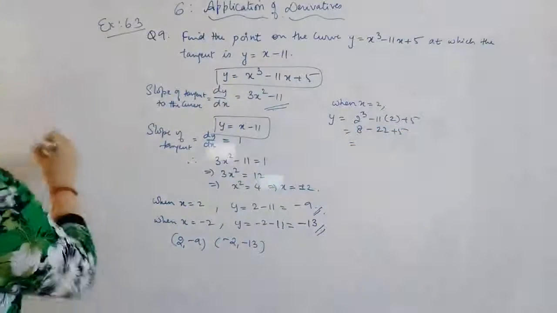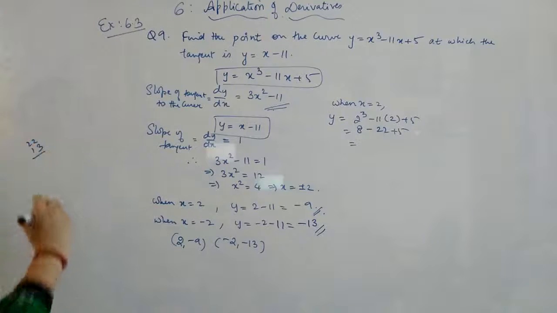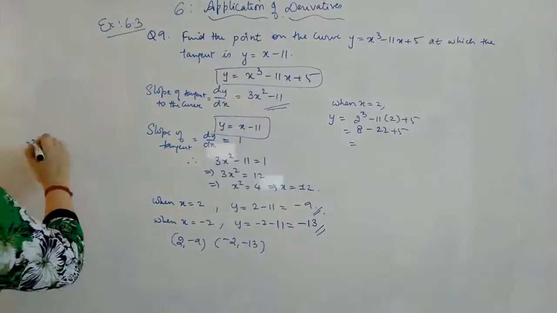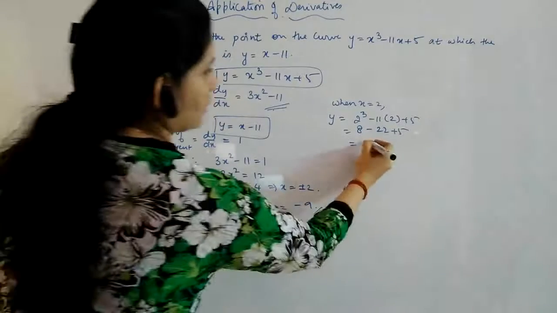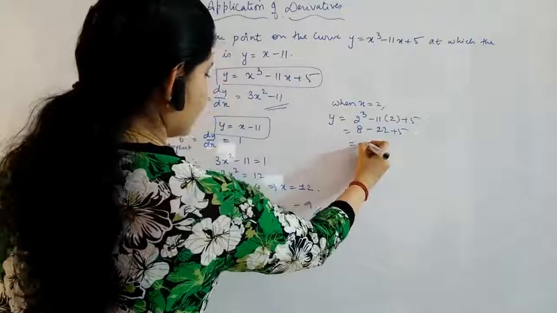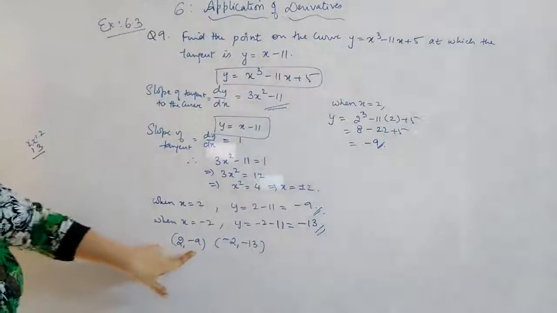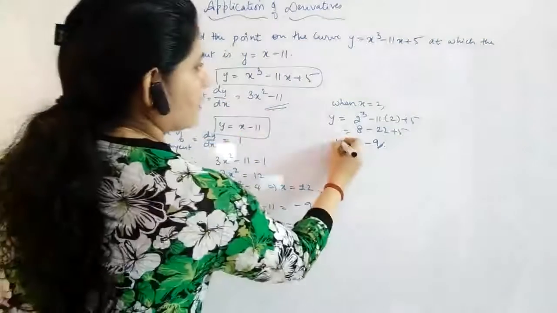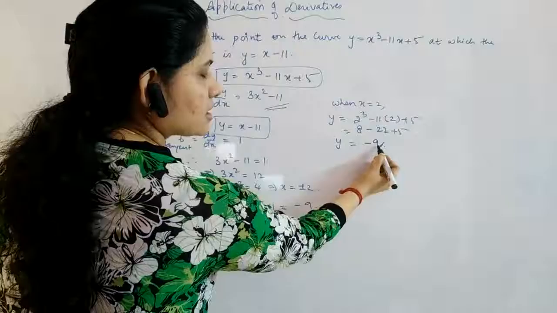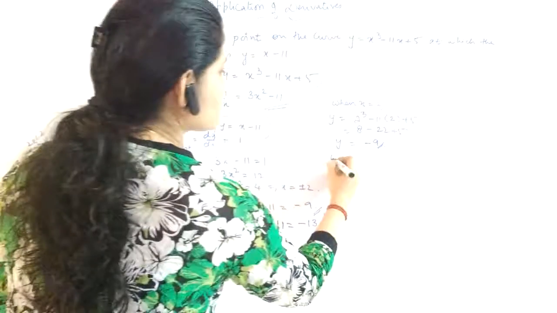What is that? 22 and 13, you are getting minus 9. That means the point is satisfying. When you substitute here, you get minus 9, meaning when x is 2, y is minus 9, giving you the point correctly.